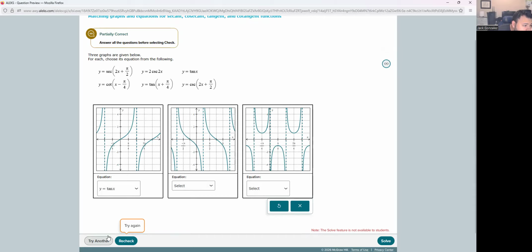So what I would do is just graph each of these and then match them using Desmos, or you can use the pieces here, right? Cosecant has an amplitude of 2. Tangent, both have amplitude of 1, so they shouldn't change.